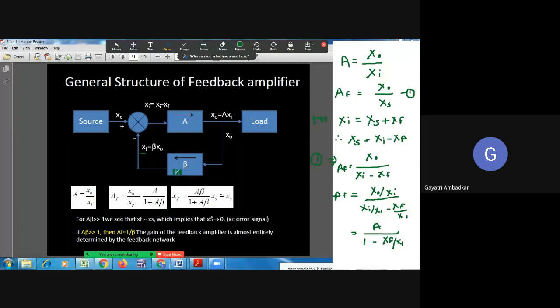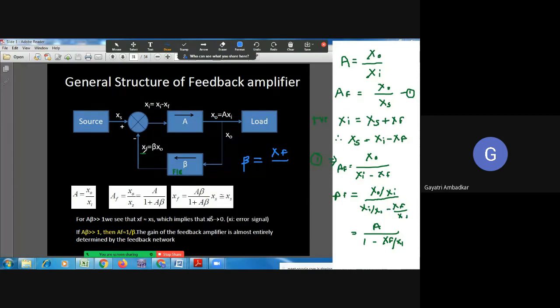Now, what is this beta? It's a gain, and you know, gain is always the ratio of output to input. So beta is also a gain. I can say beta is the gain of the feedback network. The output of the feedback network is XF. Gain is always the ratio of the output to the input signal of that particular amplifier or network.